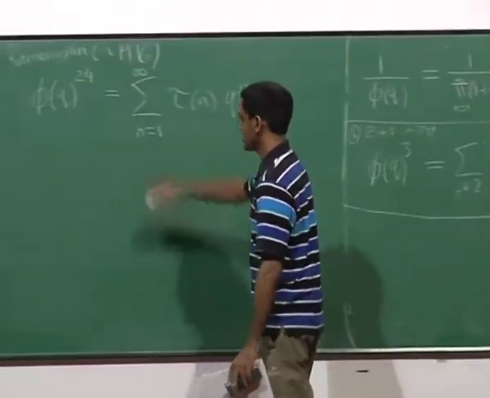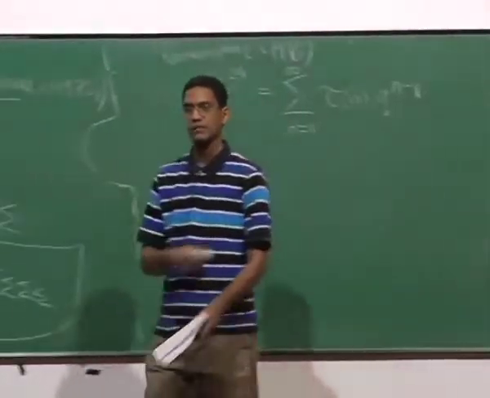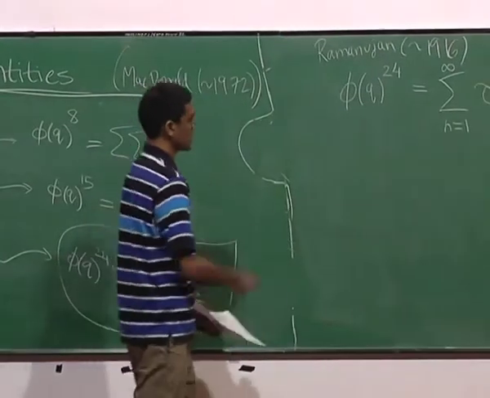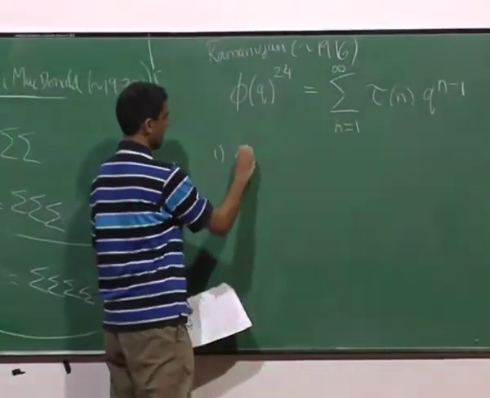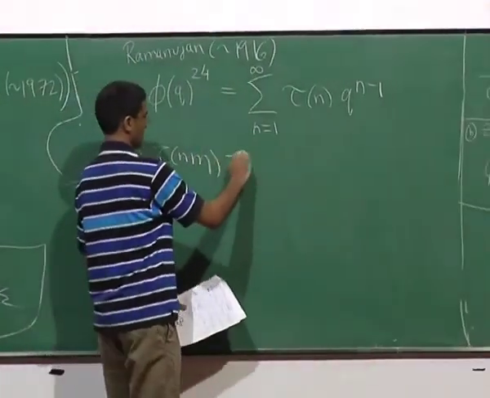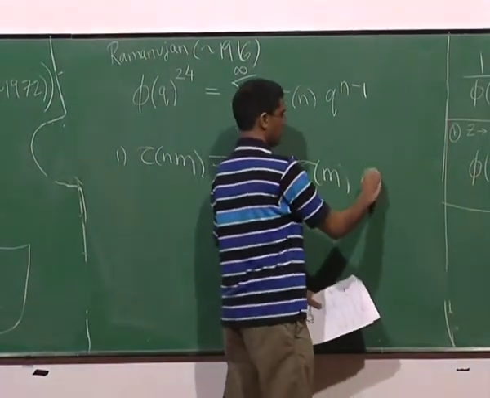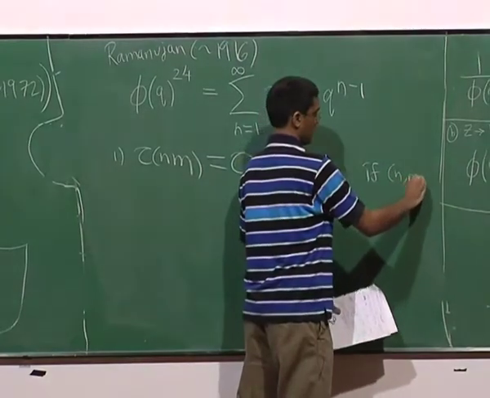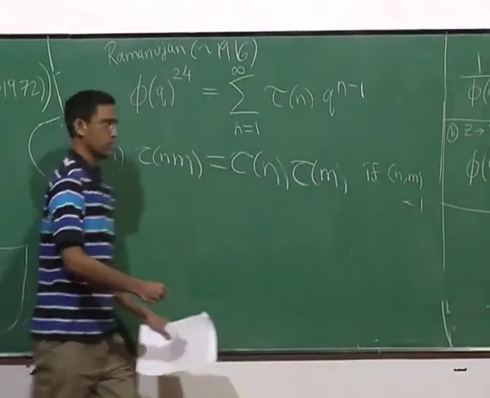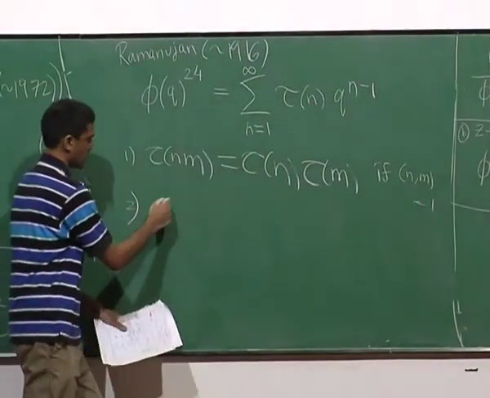Then he just wrote down a very long list of extremely difficult to believe conjectures about tau of n. For example, he said if you take a product, this is what's called multiplicativity in number theory: if n and m have GCD 1, he said something about some congruences.